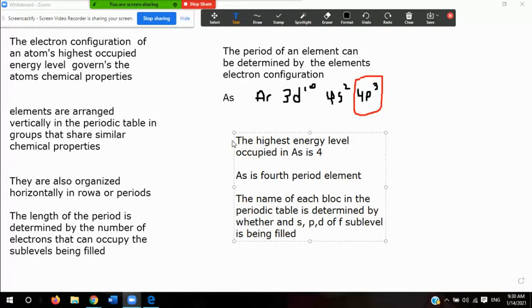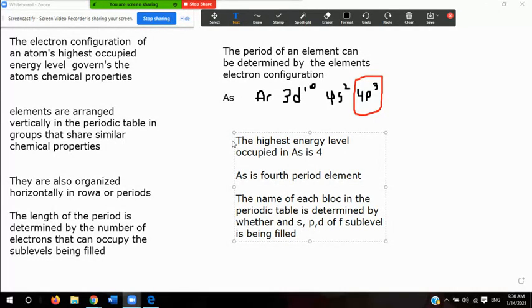If you make reference in your textbook, there's a periodic table with a legend divided by color, and it indicates which elements are the S elements and which are the P elements. Groups 1 and 2 are S block because the S sublevel is filled.